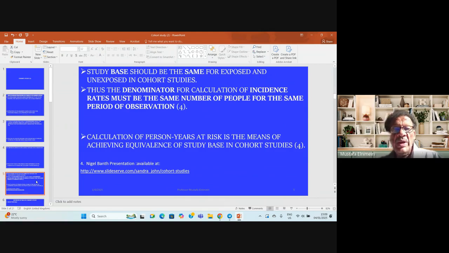And the study base should be the same for both the exposed and non-exposed in cohort studies. Thus, the denominator for calculation of incidence rates must be the same number of people for the same period of observation, so that we can estimate the incidence rate accurately. Calculation of the person-years at risk is the means of achieving equivalence of study base in cohort studies.